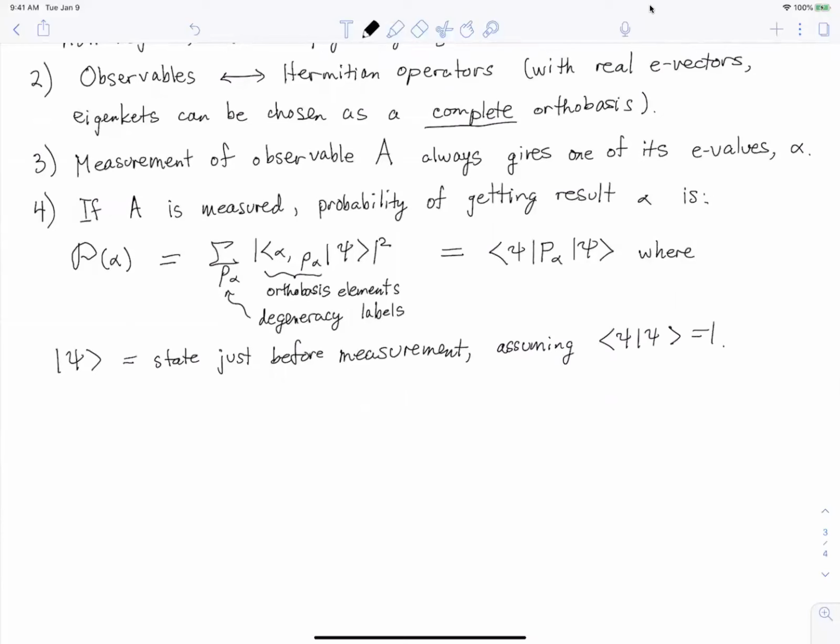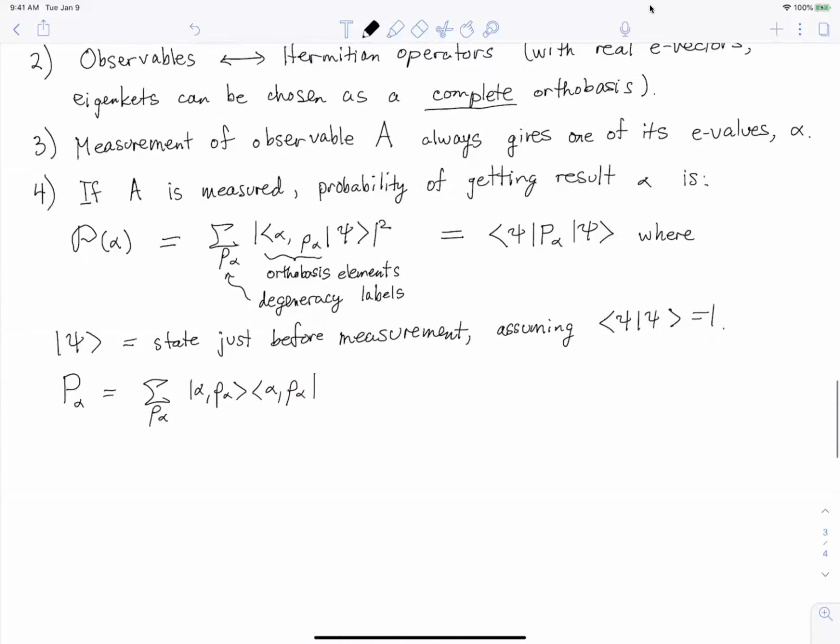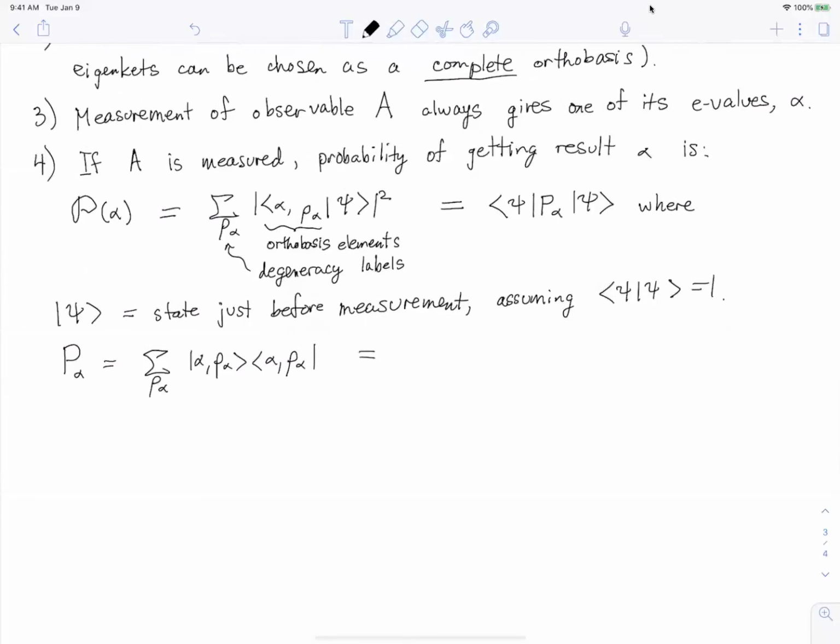And P sub alpha is a sum over the degeneracy labels of alpha rho sub alpha, alpha rho sub alpha. So notice that's a sum of projection operators.